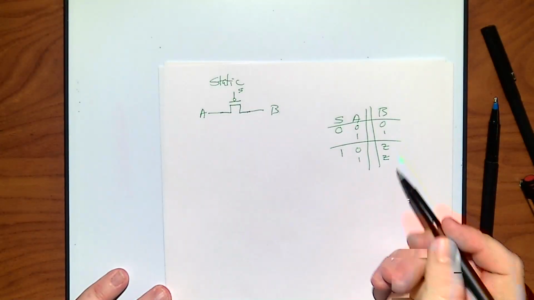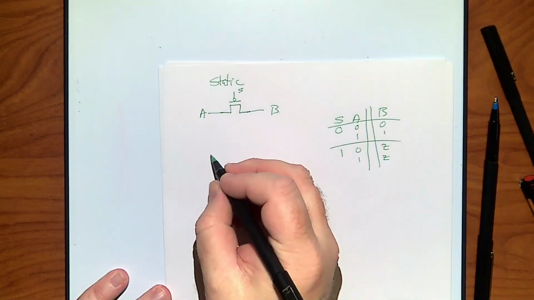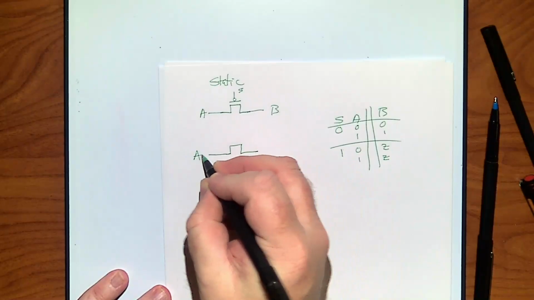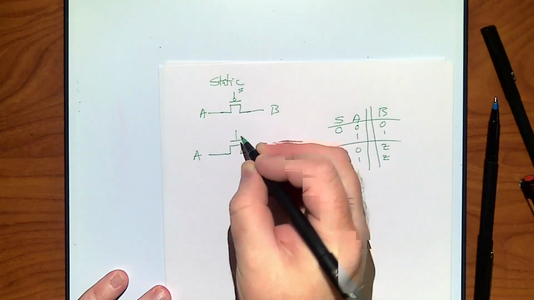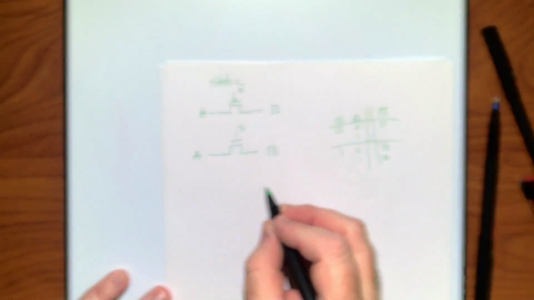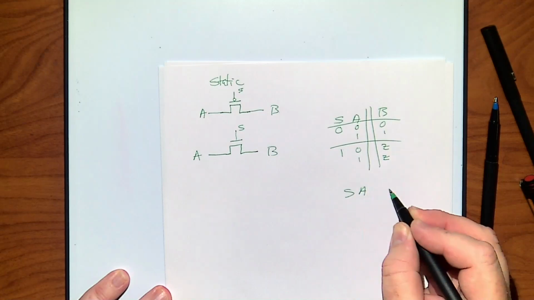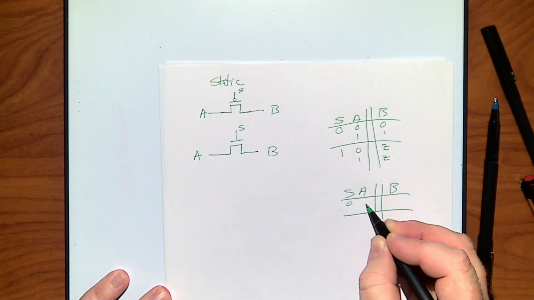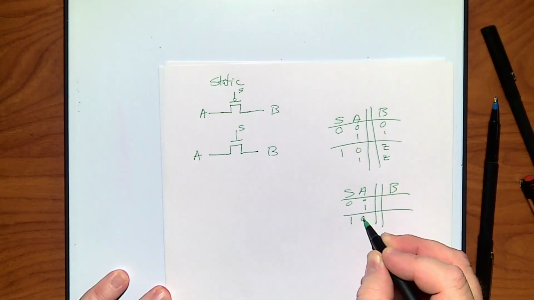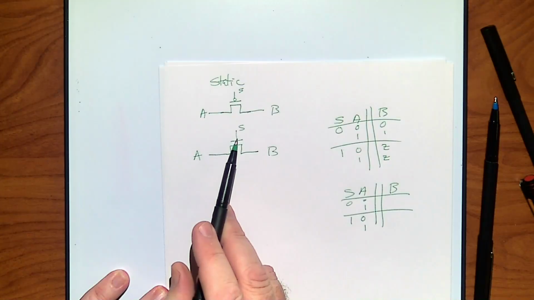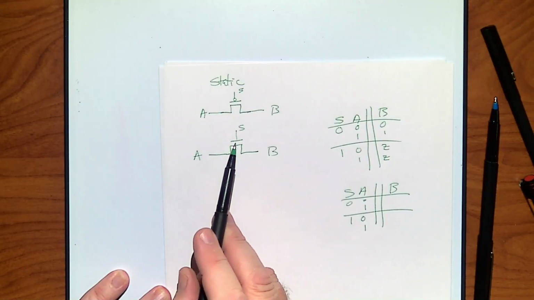So this is a nifty situation. What if I consider a similar setup, A, B, with an S on here, NMOS now. A is B. If S is a 0, what's on the top?